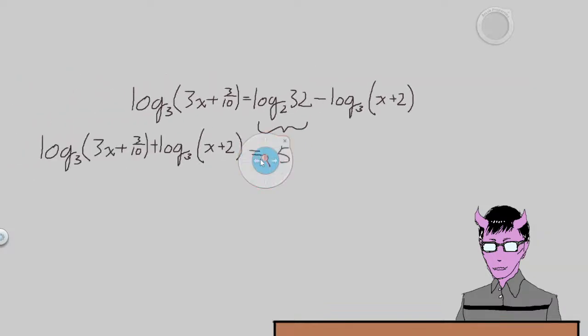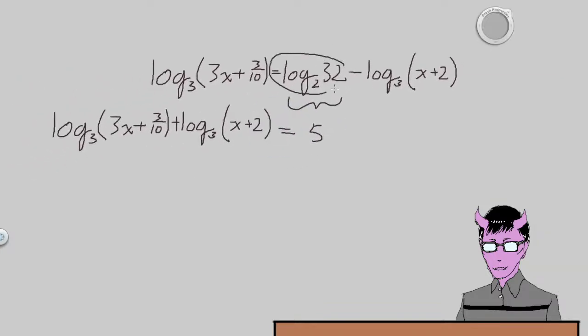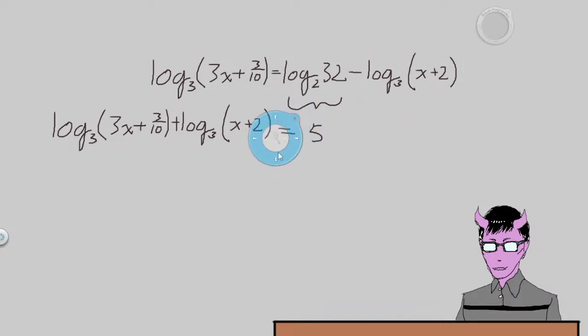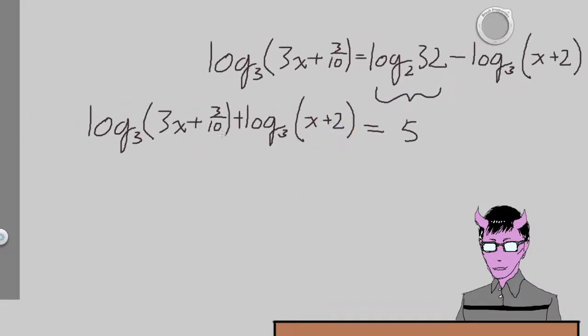So just to summarize what has happened, we transformed this log base 2 of 32 into 5. This one we added to both sides, so it moves over right there. The reason we wanted to move it there is because this log base 3 matches with that log base 3. There's a plus in the middle, so this is a prime candidate for condensation rules.